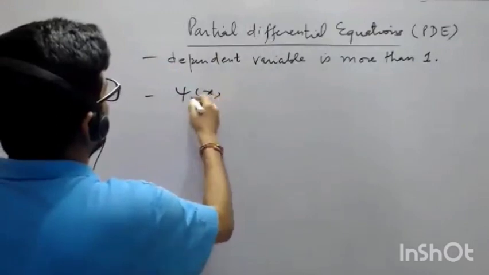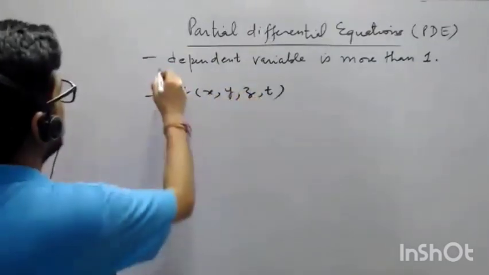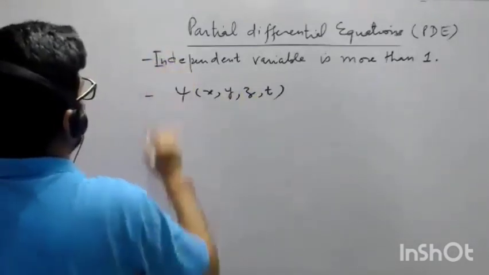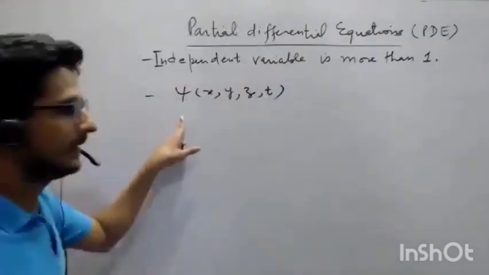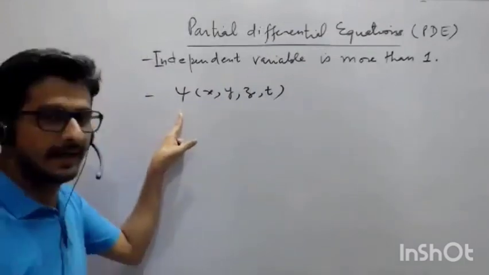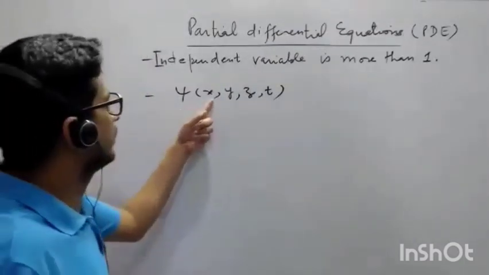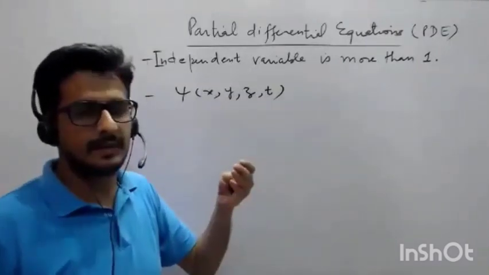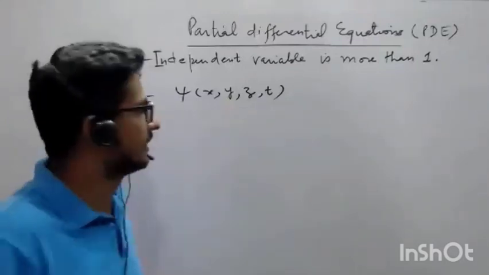For example, psi is the dependent variable, and in Schrodinger equation it depends on x, y, z and t. So there are four variables on which it is depending, so that equation is partial differential equation.